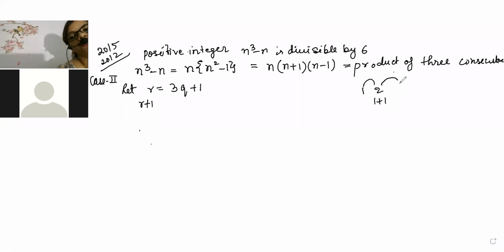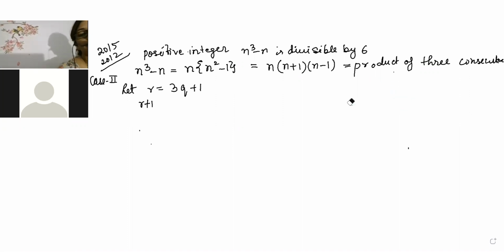After that the next consecutive number is 3, which is 2 plus 1. Are you understanding? So 1 keeps getting added. If this one is r, then this one will become r plus 1 and this one will become r plus 2. So like this consecutive numbers will keep on going.